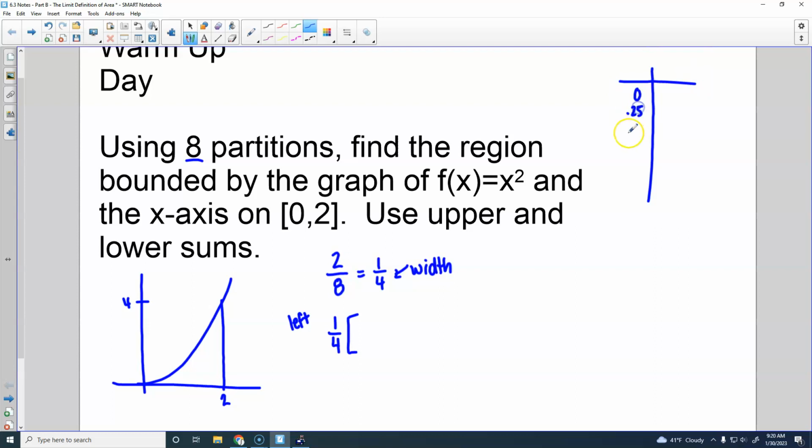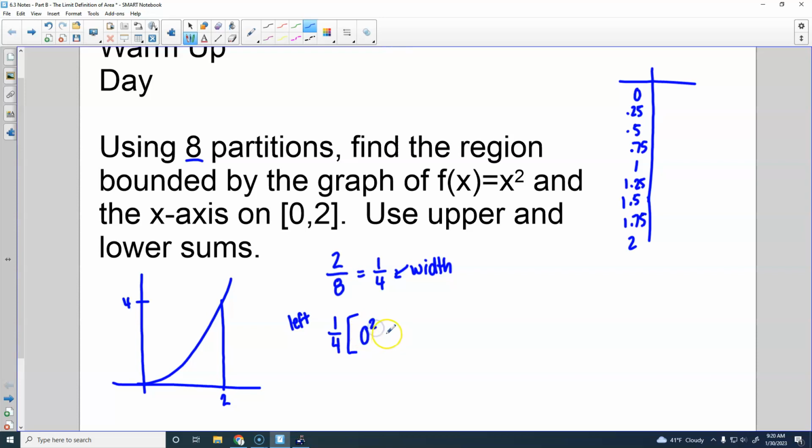I'm going up by 0.25, 0.5, 0.75, 1, 1.25, 1.5, 1.75, 2. All right. And if I'm doing a left Riemann sum, I'm not going to use the last one. I'm going to use 0.